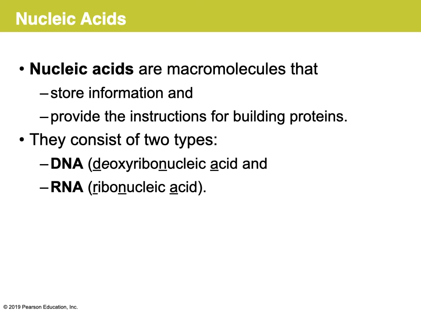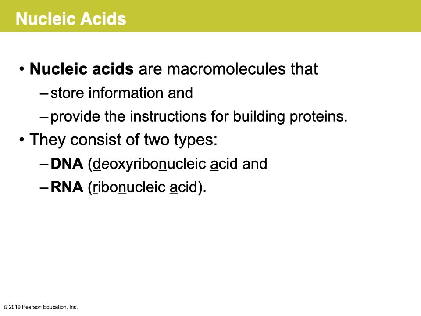Okay, last group, nucleic acids. Nucleic acids are another monomer polymer type of organic molecule. These are macromolecules that store information. And that's it. They're a one-trick pony. It's an important pony, but they don't do things like form structures, store energy for food, anything like that.